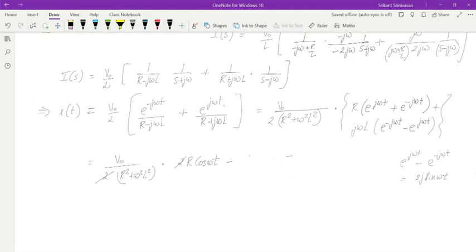Let's just rewrite it carefully. So the 2 and 2 were cancelled out for the first term, and then for the second term we had minus 2j sin omega t into j omega L. So this 2 has cancelled out, and then the j square becomes 1, and then you're left with omega L. So this term becomes R cos omega t plus omega L sin omega t.